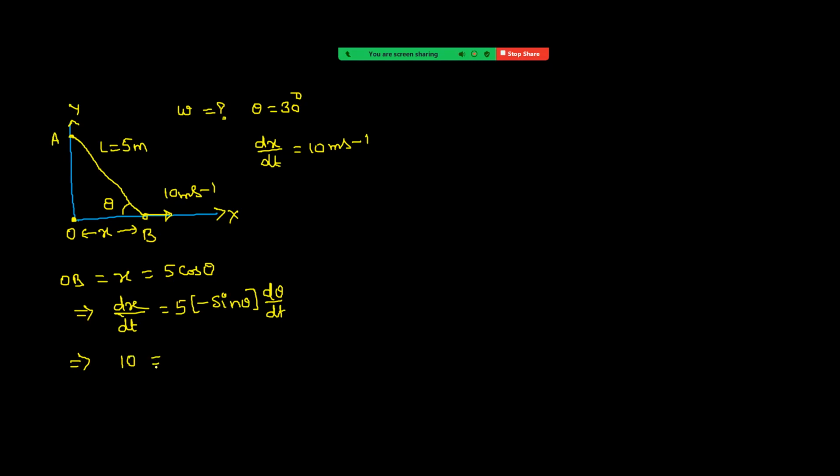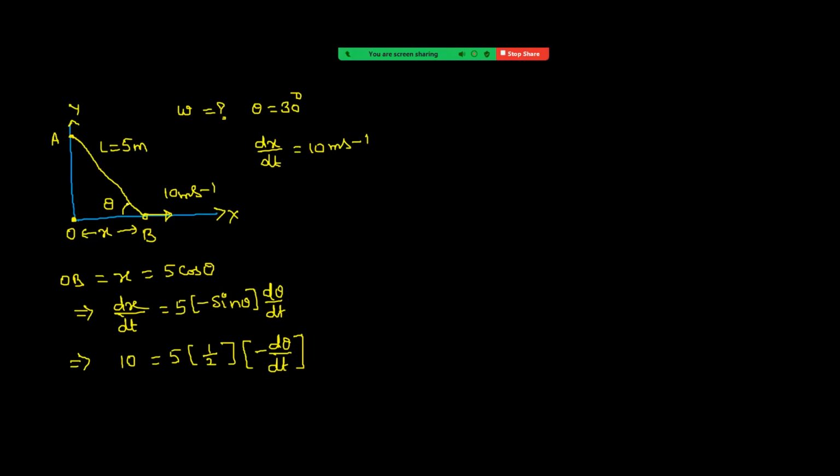Here x is increasing, therefore dx by dt will be positive. 5 sine theta; when theta equals 30, sine 30 will be 1 by 2. And I am writing minus d theta by dt. If you see carefully, the theta value keeps on decreasing.